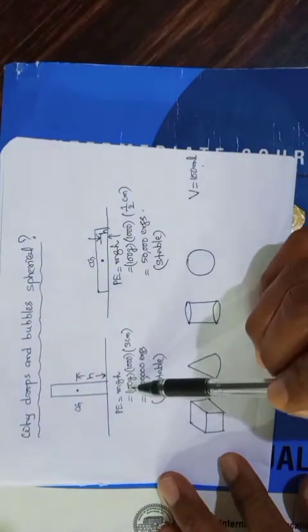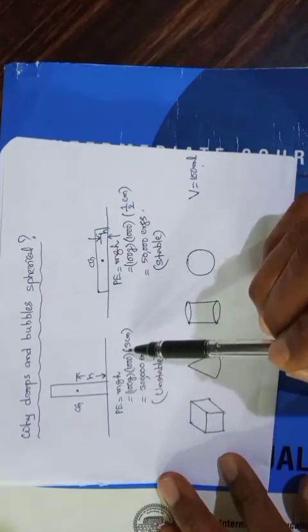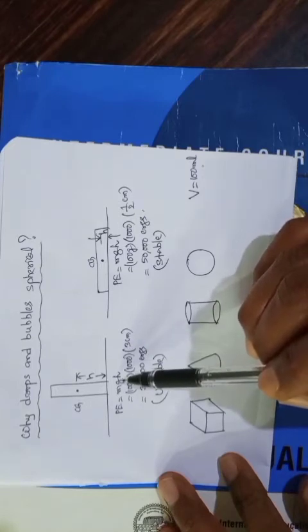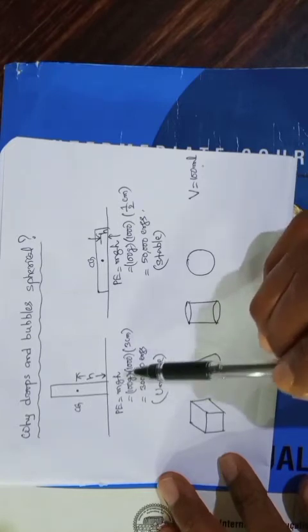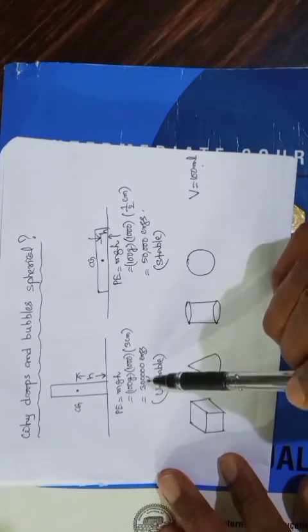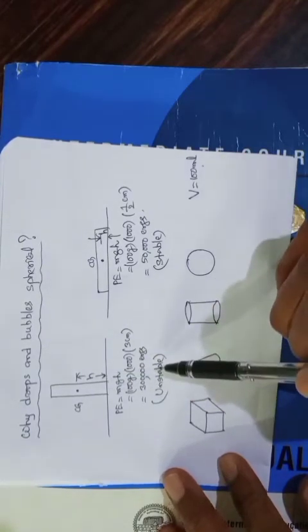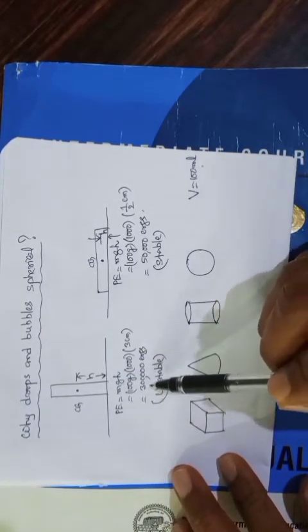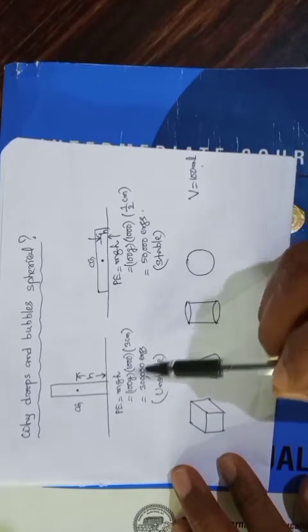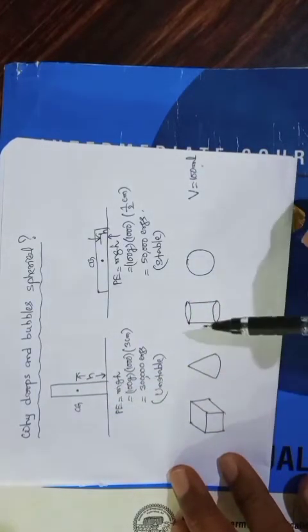Say its mass is 100 grams. We are taking all the values in CGS system. G value 980 centimeter per second square, but round figure 1000. Let us take height say 3 centimeters. So you got potential energy of 3 lakh ergs for this.